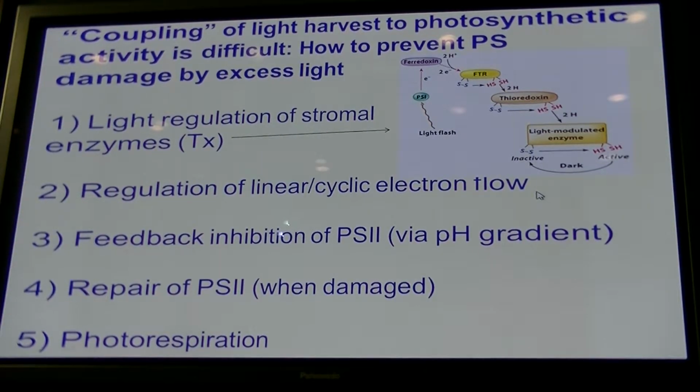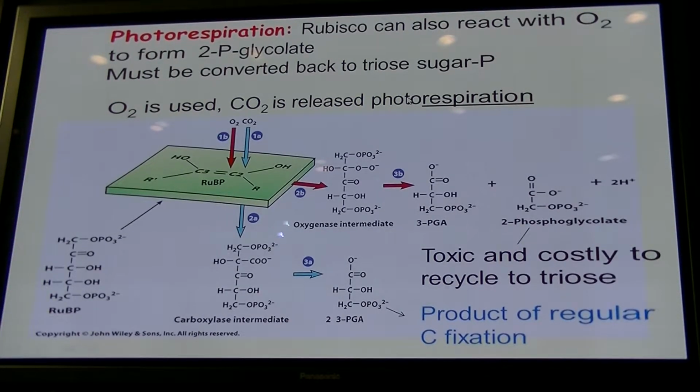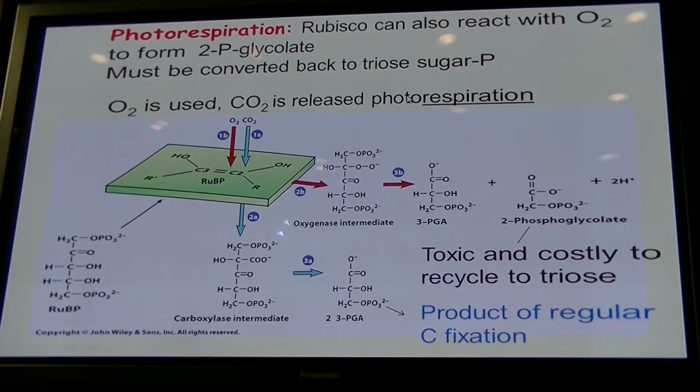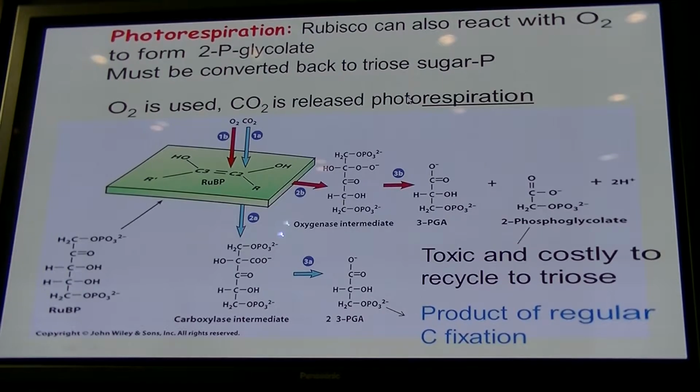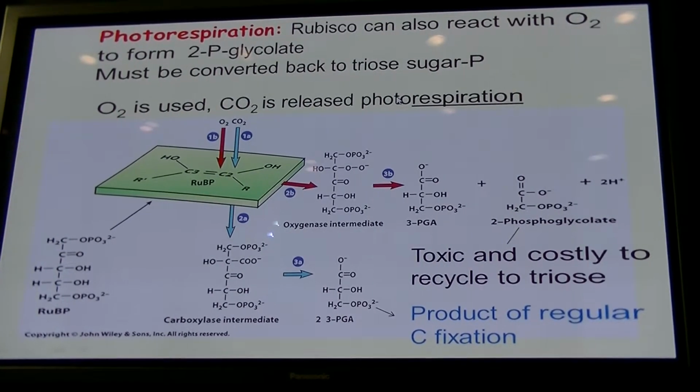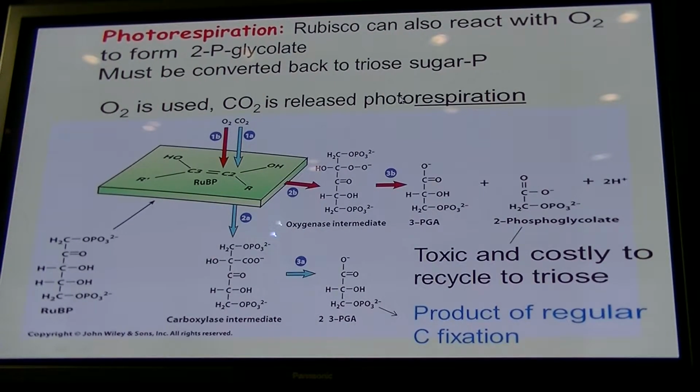This is the message. Now, there's one issue in photosynthesis that we call the point of photorespiration. And I view this as a potential safety mechanism, but at the same time, it's kind of wasteful, and it's also an issue in agriculture.